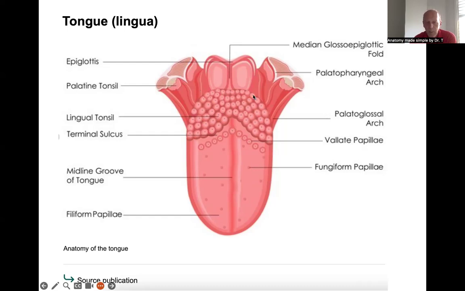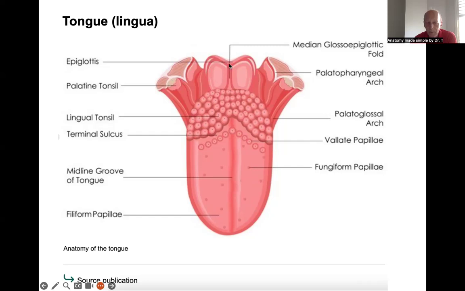Two arches that were previously mentioned as going from the soft palate in the direction of the pharynx and tongue are called the palatopharyngeal and palatoglossal arch. Labels are on the right side of the screen, and there is a little bit of indentation between these two columns, basically that pit hosting the palatine tonsil.